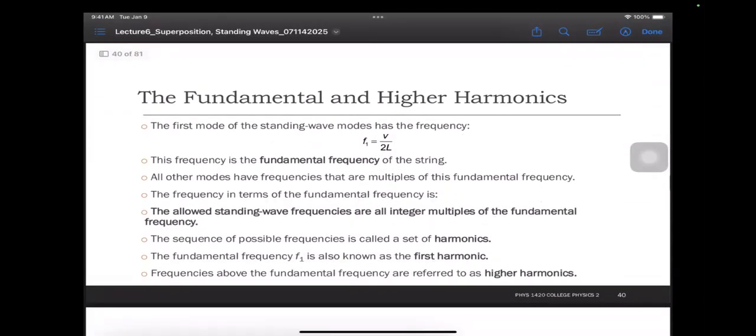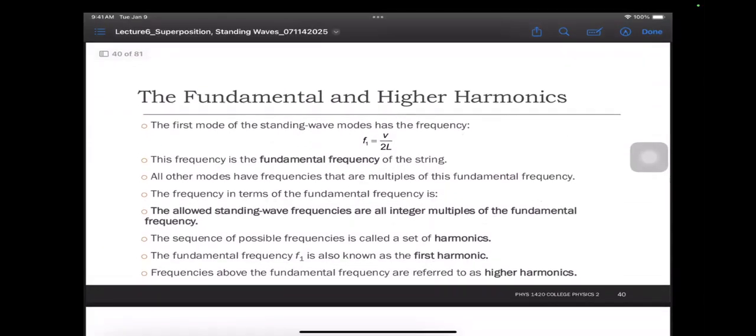Okay. Let's talk about the fundamental and the harmonics. I don't know if you have heard about harmonics. Harmonics means a change based on the same number, a change in a specific pattern.